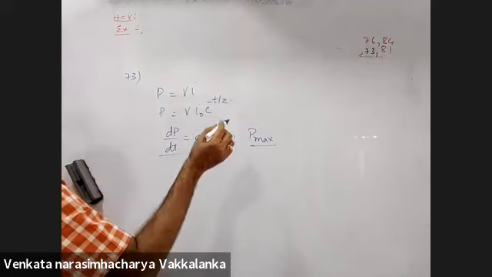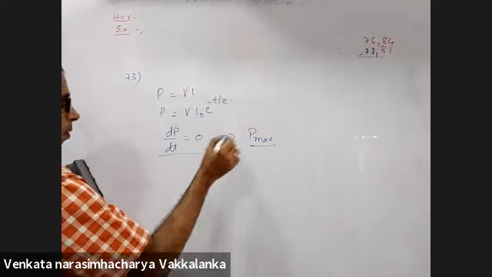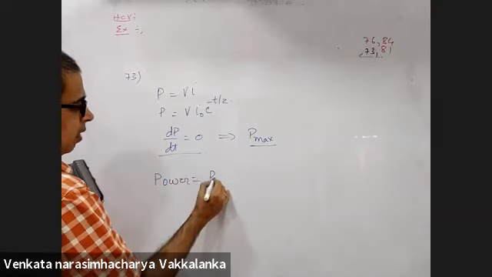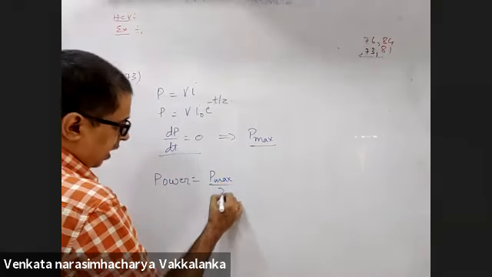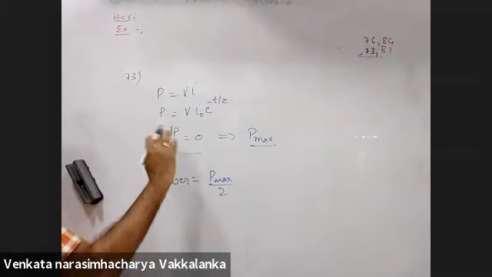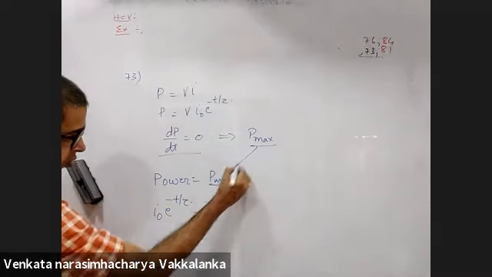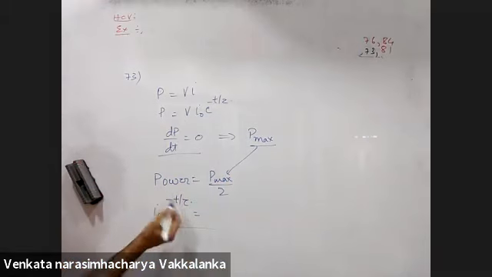Now power should be power maximum by 2. Voltage will be the same all throughout. It's again the game of e to the power minus t by tau, with this value substituted.